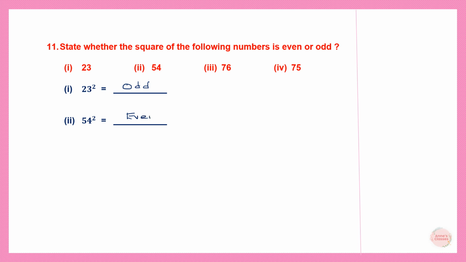Square is also even. Next number is 76. This is an even number, so its square is also an even number. The next number is 75, which is an odd number, so its square is also odd. So that's easy. If the number is odd, the square is odd. If the number is even, the square is even.